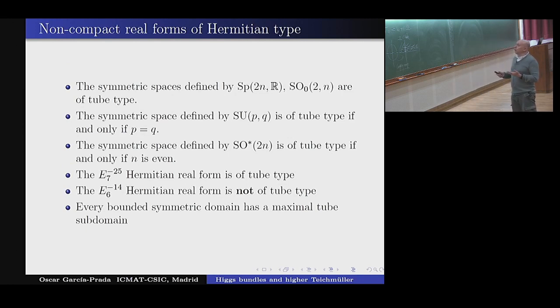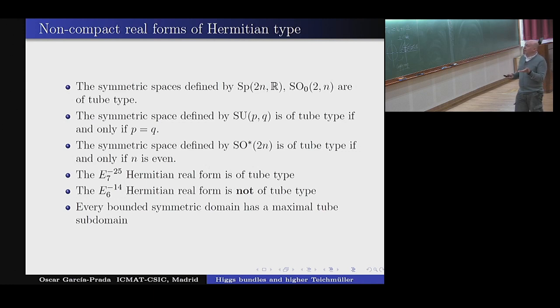Which groups are actually of tube type? For example, the real symplectic group and SO*2N are always of tube type, I mean the symmetric spaces corresponding to them. SU(P,Q) is of tube type if and only if P and Q are equal; otherwise it is non-tube. And SO*2N is of tube type when N is even; when N is odd, it is not of tube type.